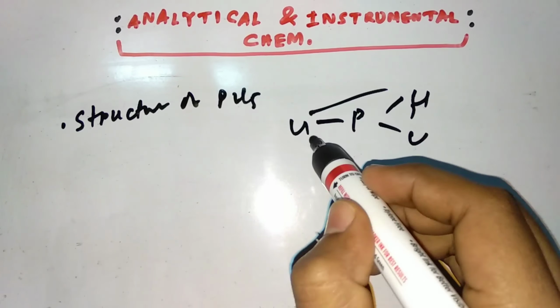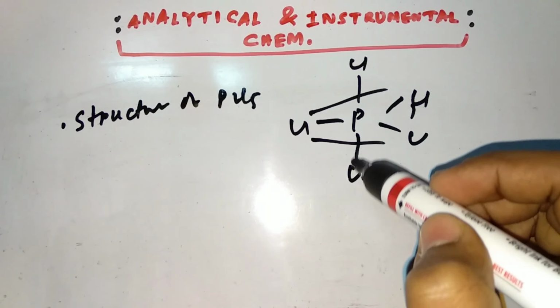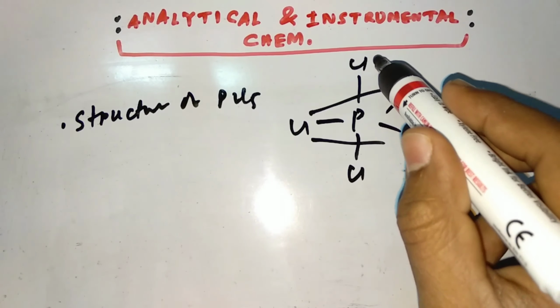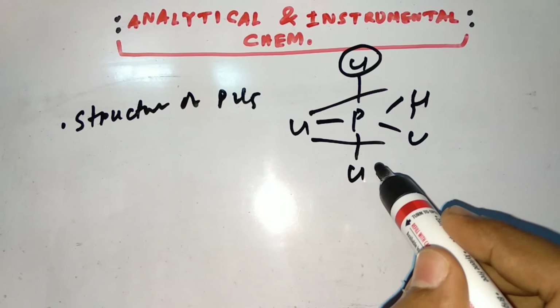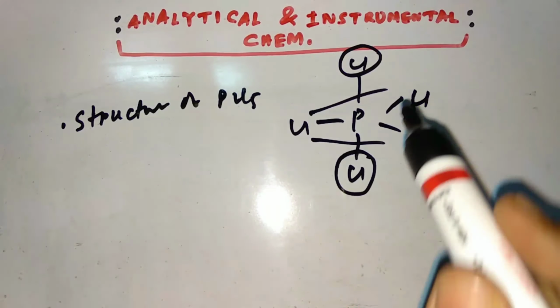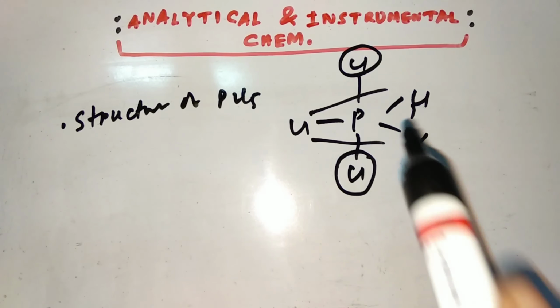This is the equatorial bond, and these are the axial bonds. The bond length of the axial bonds is different from the equatorial bonds, because these two Cl atoms are different. Thus you can apply nuclear chemistry over here and prove this.